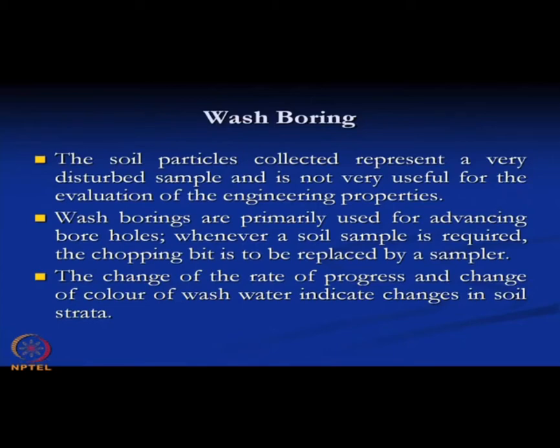The wash boring is primarily used for advancing a borehole. Whenever a soil sample is required, the chopping bit is to be replaced by a sampler. The change in rate of progress and change in color of wash water indicate changes in soil strata. So, that means the color of the soil-water mixture will give an indication of a change in soil strata.